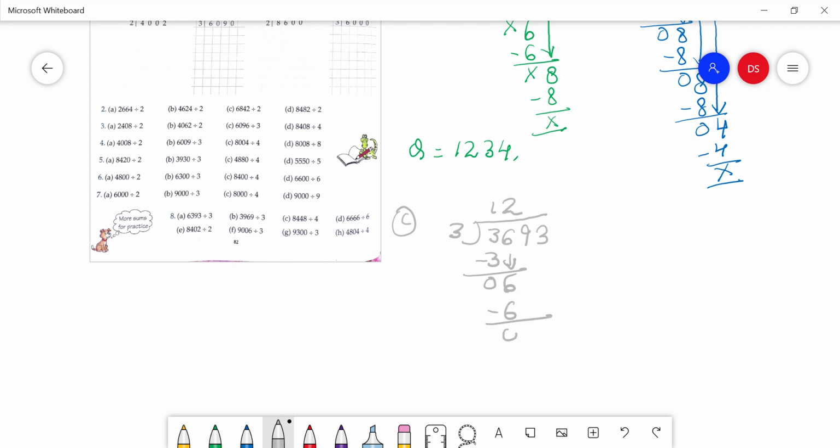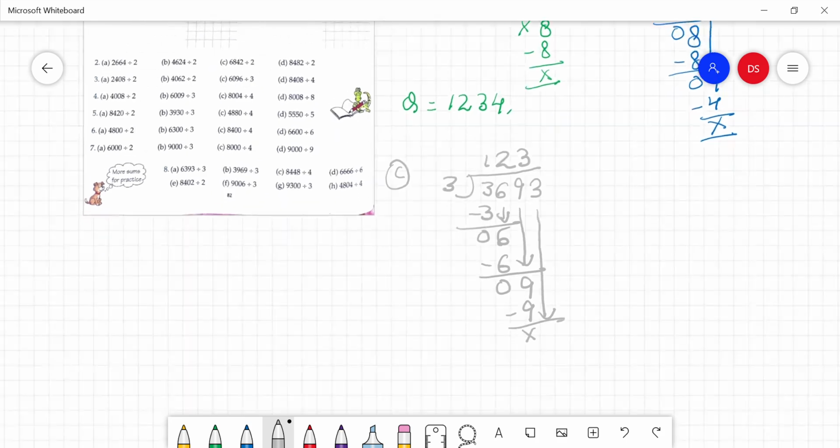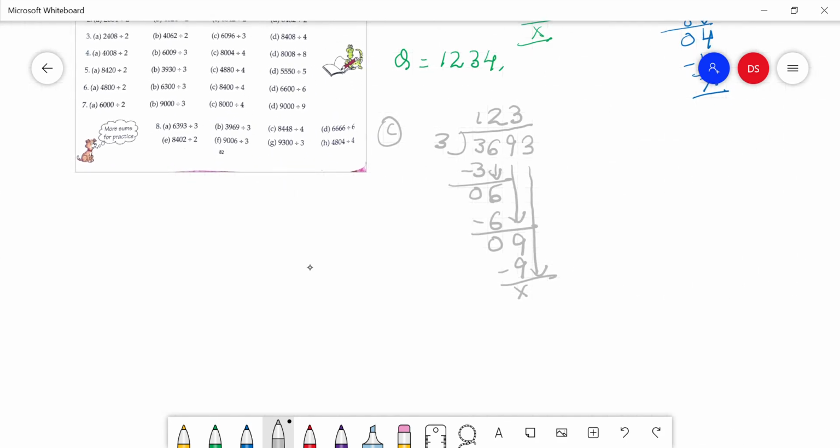Again 6 minus 6 is 0. Next number is 9. 3 threes are 9. Children, we write the numbers in the alignment like this. The next digit is 3. 3 ones are 3. The answer is 1231.